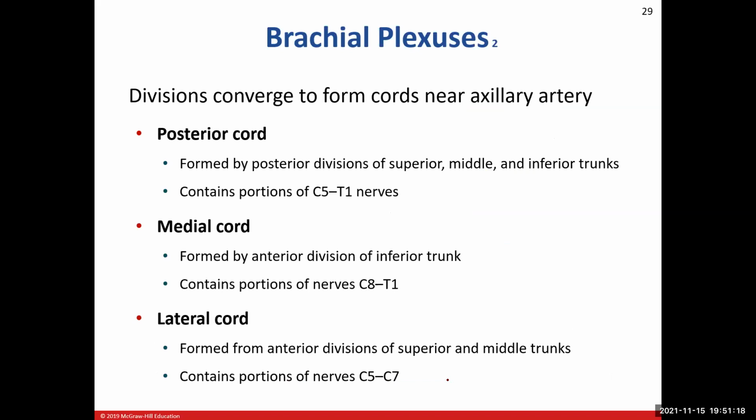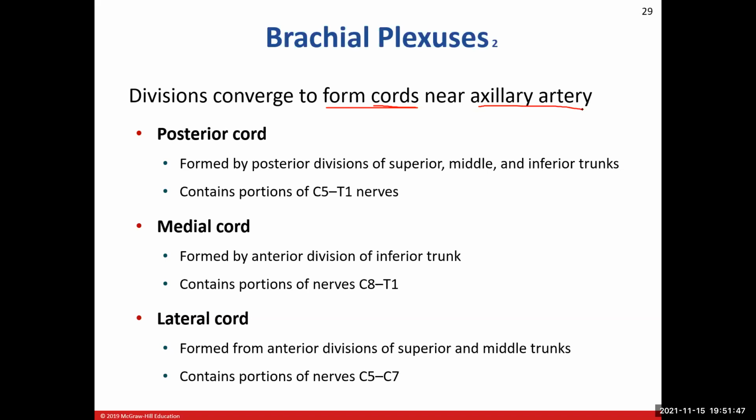From those divisions, we are going to form what we call the cords. This occurs around the axillary artery. The axillary artery is what we call the artery that runs down your arm when it is in the axilla. It'll change names, and we'll start calling it the brachial artery when it gets into the brachial portion of your upper extremity.